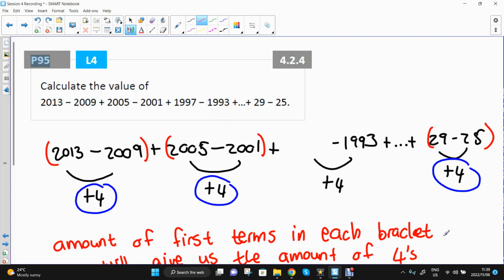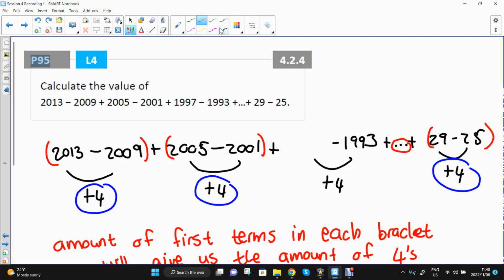My mission is to find out how many 4s do I have, because you see I'm skipping quite a lot of brackets here, quite a lot of pairs that I don't know. So I need to figure out how many 4s do I have in the sequence.